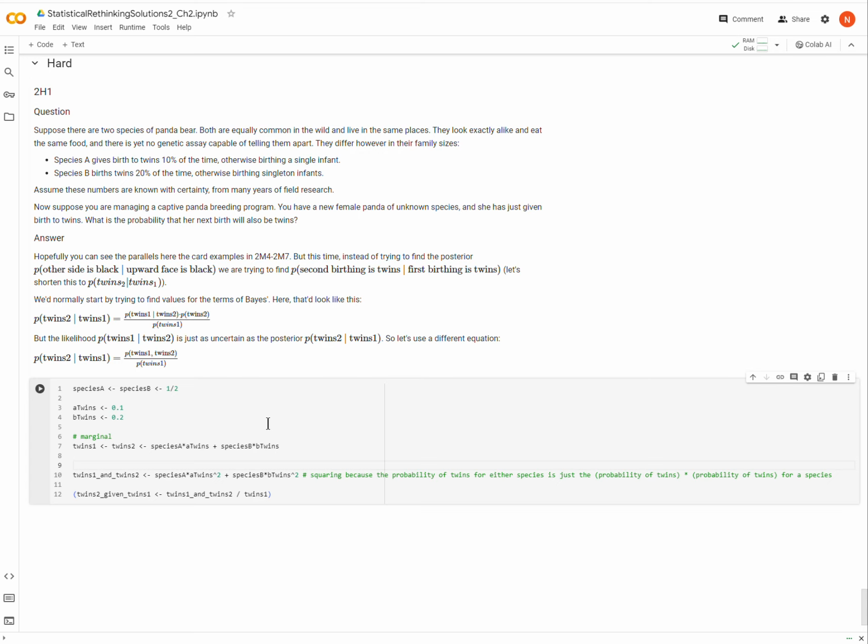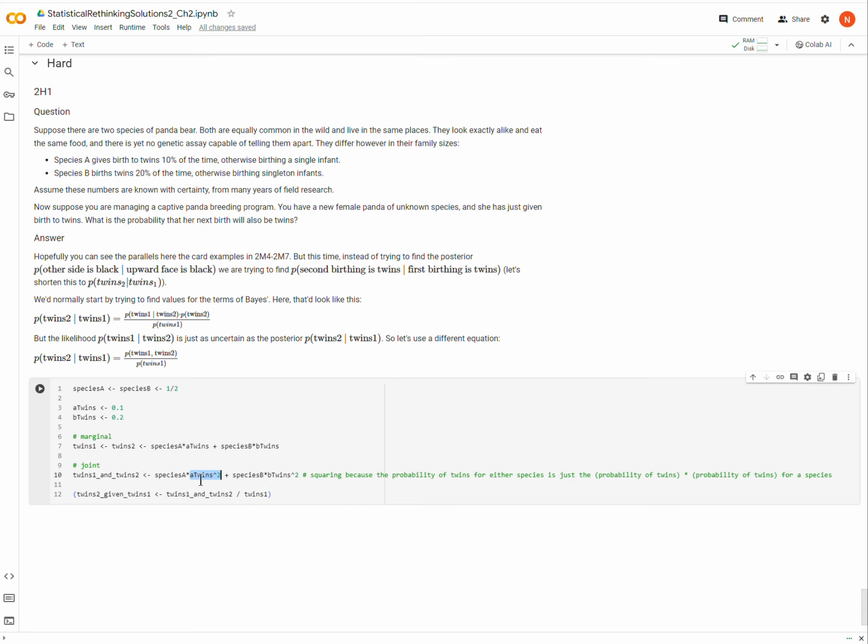Now we can use a similar idea here. This is our joint right here. We can use a similar idea to find the probability of birthing 1 and birthing 2 being twins. So we use a similar setup. We take the possibility that it's species A, times the probability of twins twice.